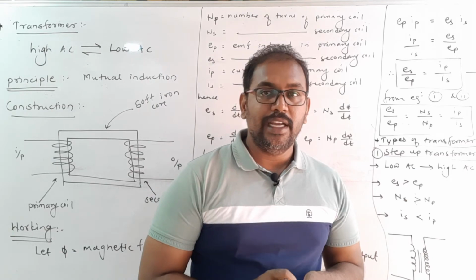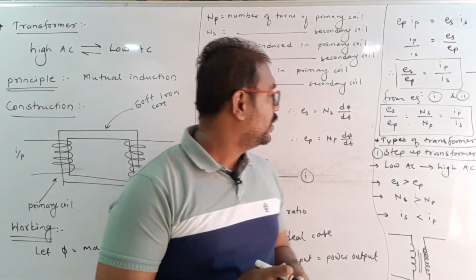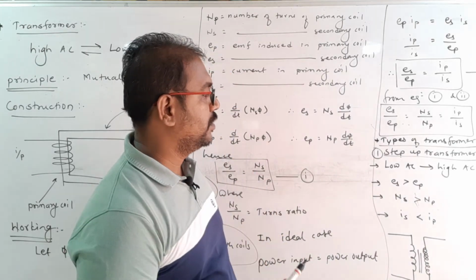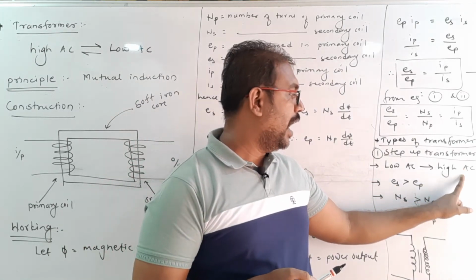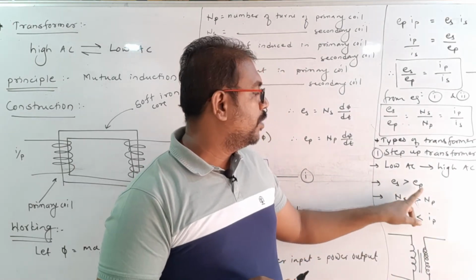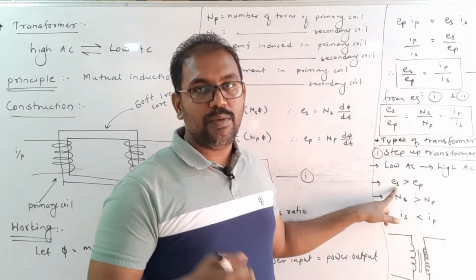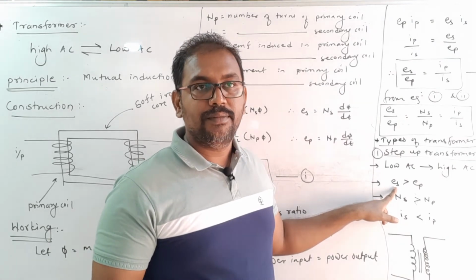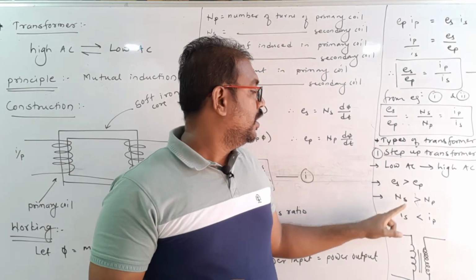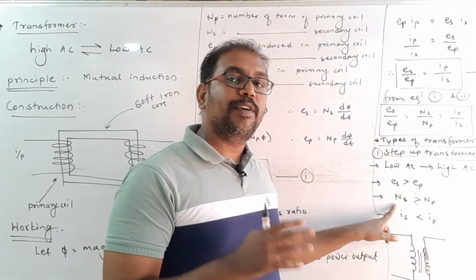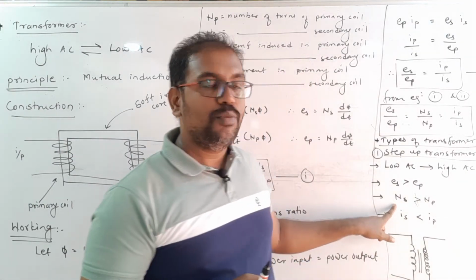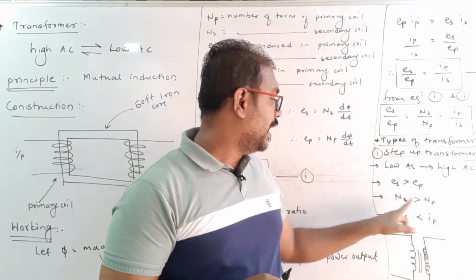In a similar manner we can write the step down transformer. The second type of transformer is step down. It is the reverse of that. Step down means high to low. Down means it is decreasing. Then the number of turns of the secondary is less, because we require less output. So the number of turns of the secondary is less as compared to the primary.